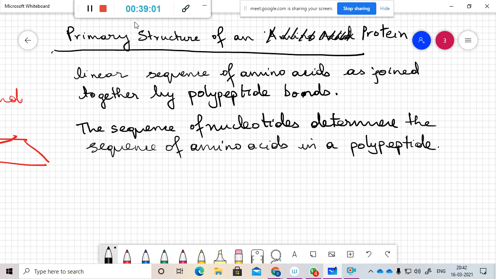So this is the primary structure. Inside primary structure also are included disulfide bonds.